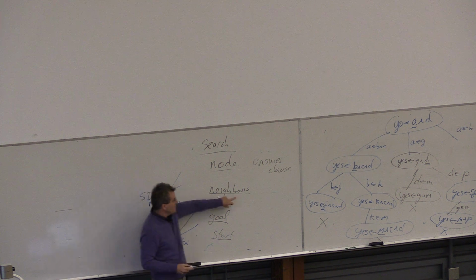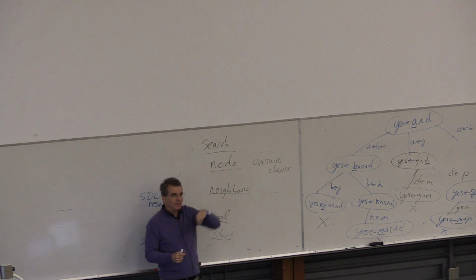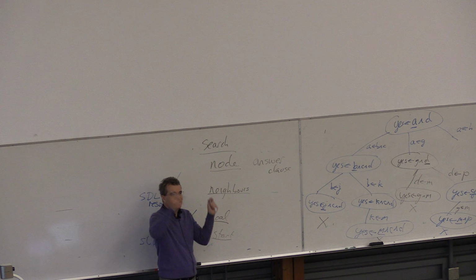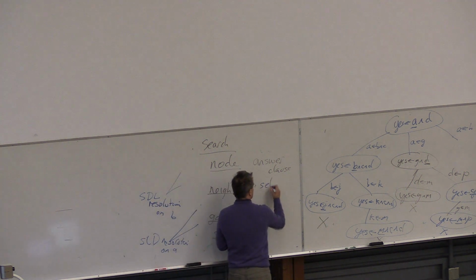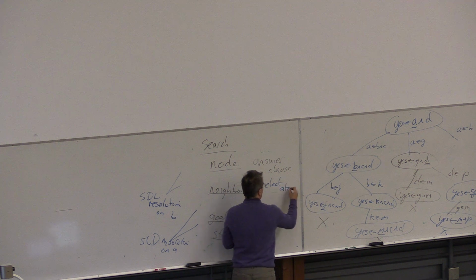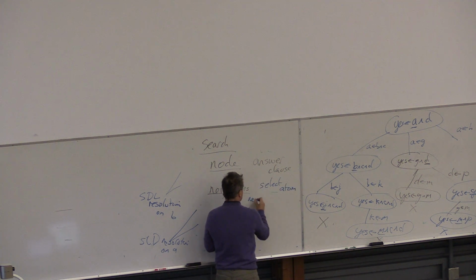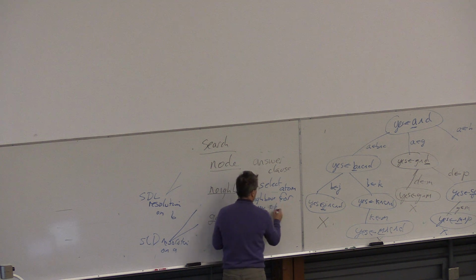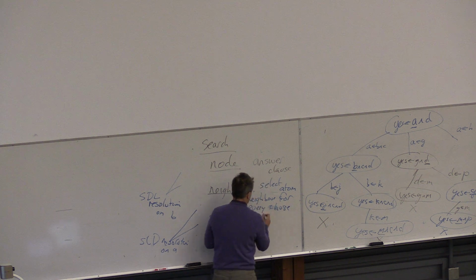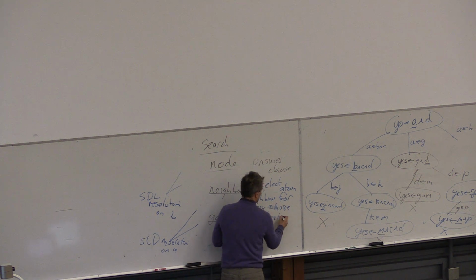The neighbors are obtained by selecting an atom, and then the neighbors correspond to all the rules for that atom. So you select an atom, and there is a neighbor for every rule, for every clause, a clause with the atom at the head.